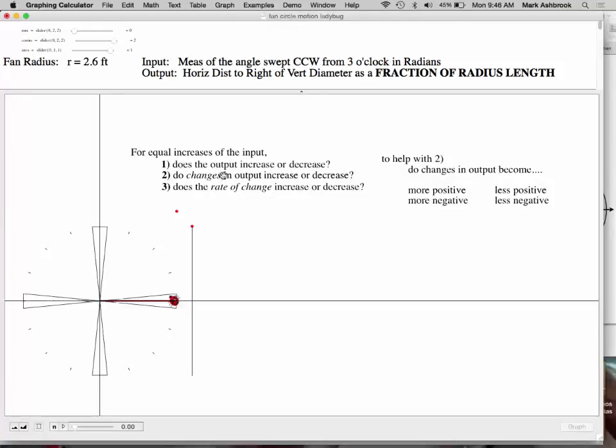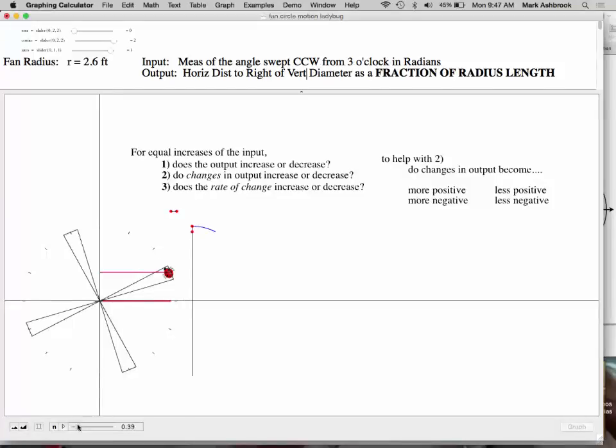So when the angle is 0, our horizontal distance is 1. We start up here at 1. And as we go from 0 to pi over 2, that distance will decrease from 1 to 0.